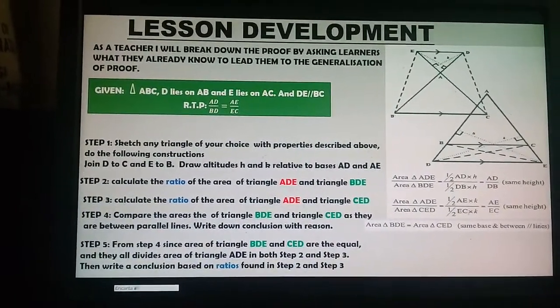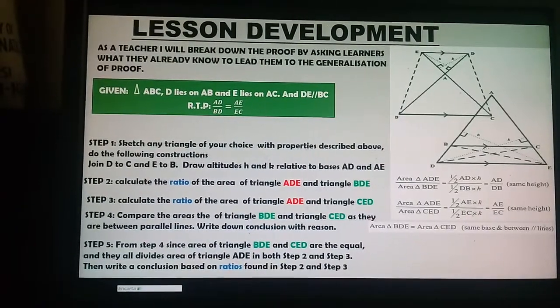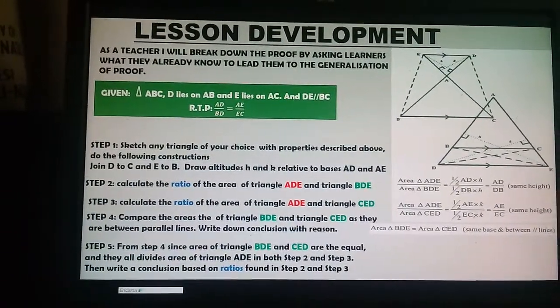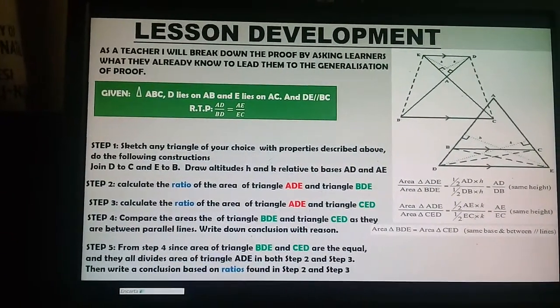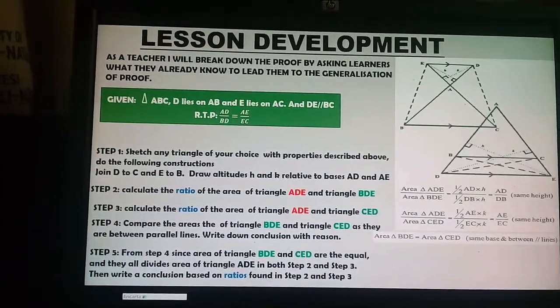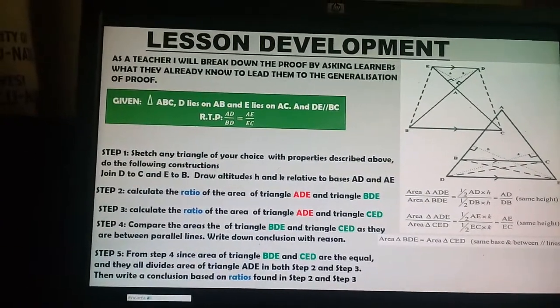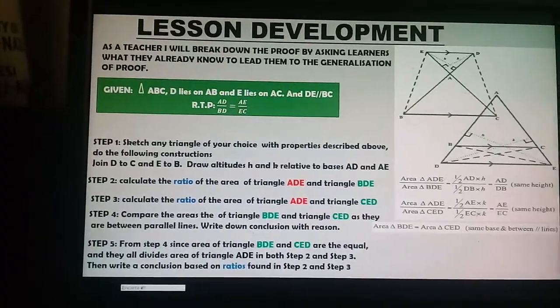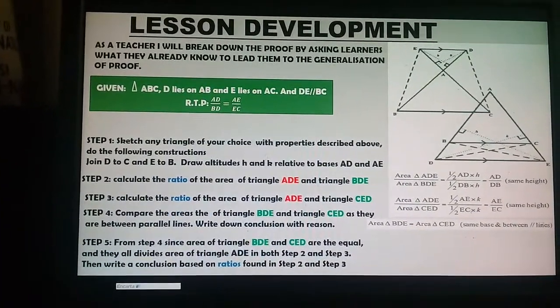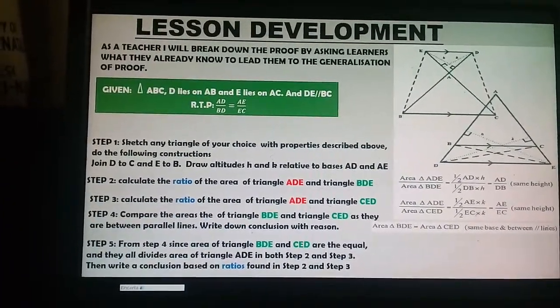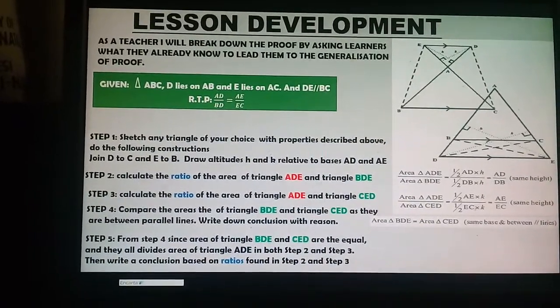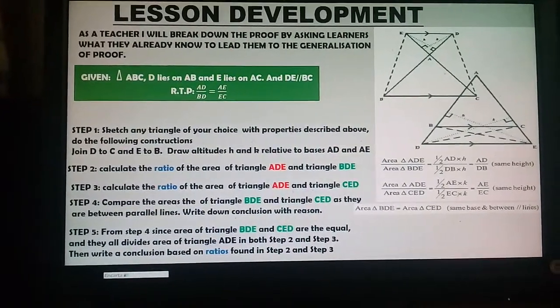As you can see, they all divide what? The area of triangle ADE. In step 2, they divide the area of triangle ADE by triangle BDE, and in step 3 by triangle CED. As I have shown in step number 4, triangle BDE and triangle CED have the same area.